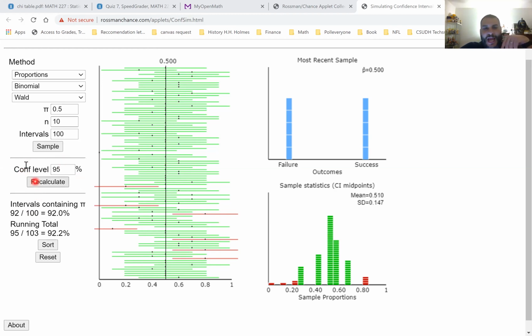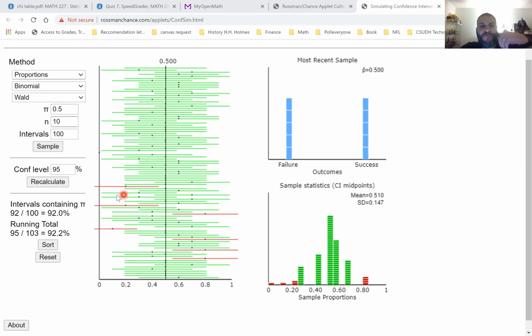When we do a 95% confidence level, or any type of confidence level, that dictates, if I repeat this experiment many times, what percentage of the experiments are going to fail and what percentage are going to succeed. Since we have a 95% confidence level, it's telling me that roughly 95% of the time it's going to be correct, and the other 5% of the time it's going to be incorrect.